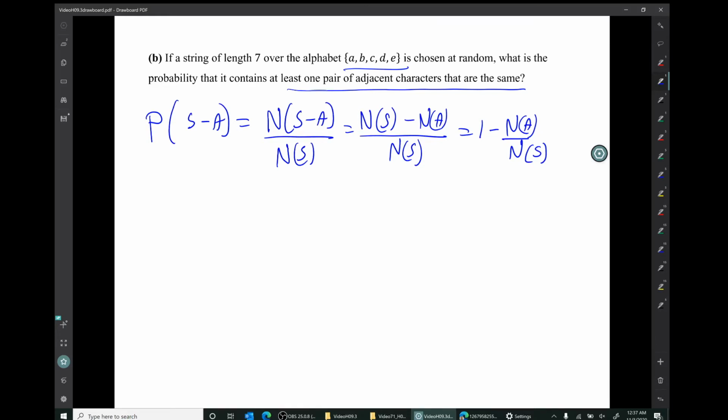So this number we counted on the previous page. This number we counted 2 pages ago. Those are the expressions we got on the previous pages. But in our current problem, the length is 7.